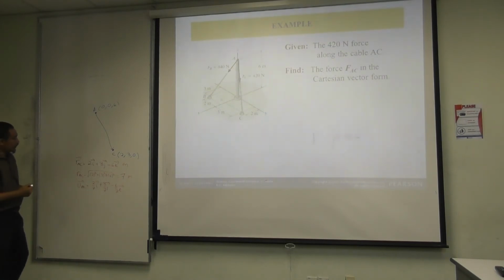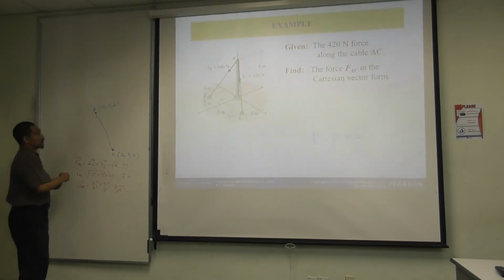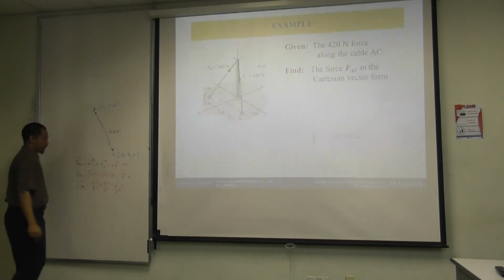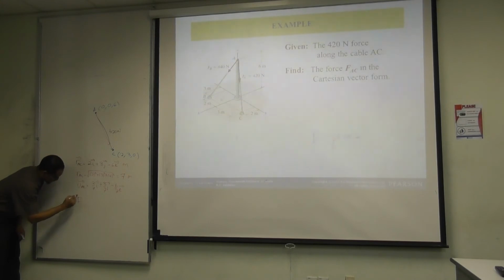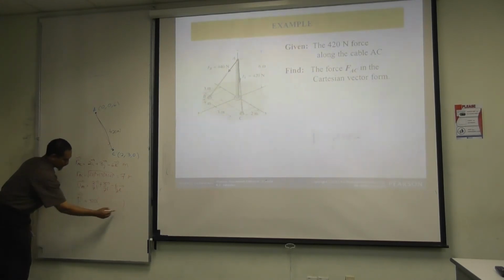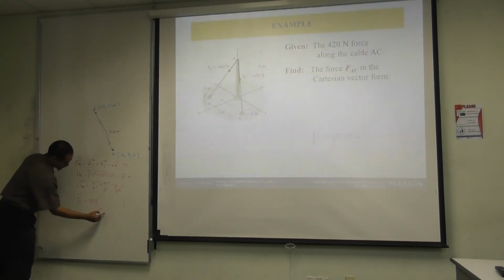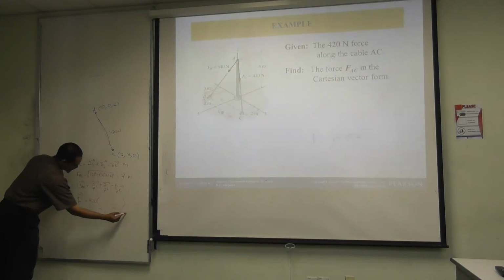It is dimensionless. And then you know the force is 420 Newton, right? So F is 420 times this vector here, and then you get the force in terms of I, J, K, right?